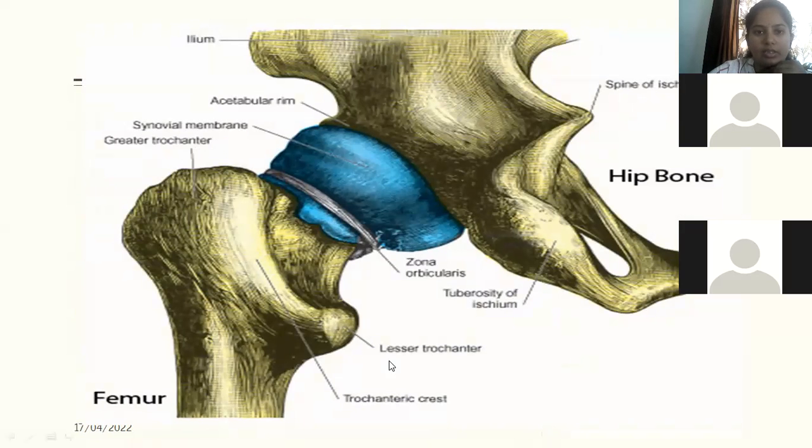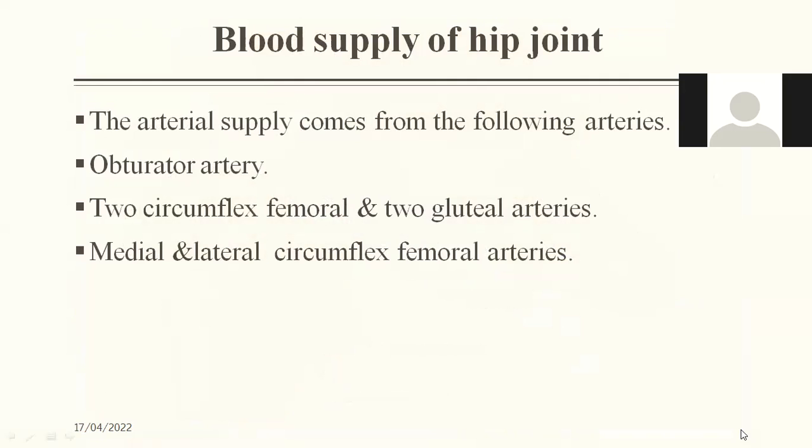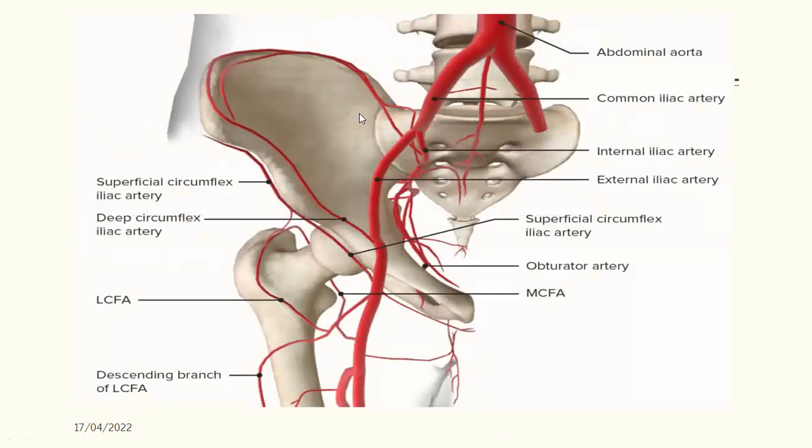Okay. Again, this hip joint, hip bone, and this femur. Then the blood supply. The arteries include the obturator artery, the medial and lateral circumflex femoral arteries, and the gluteal arteries. This forms the blood circulation for the hip joint.